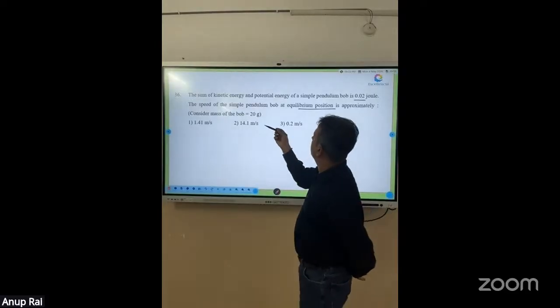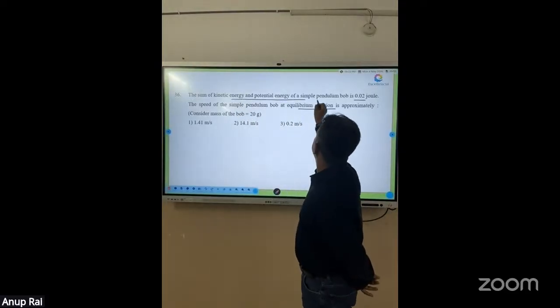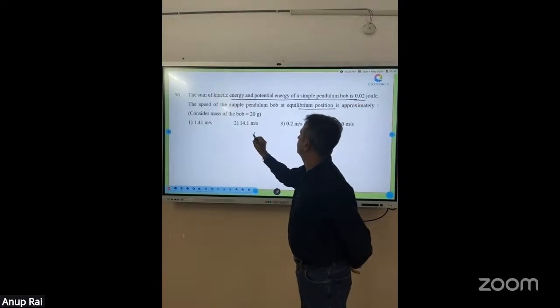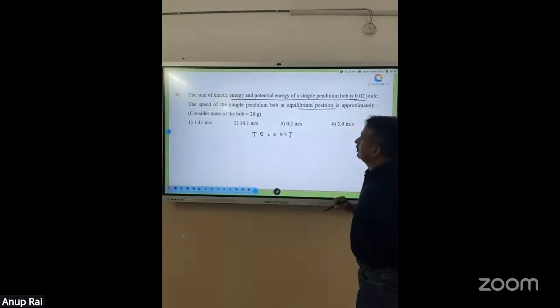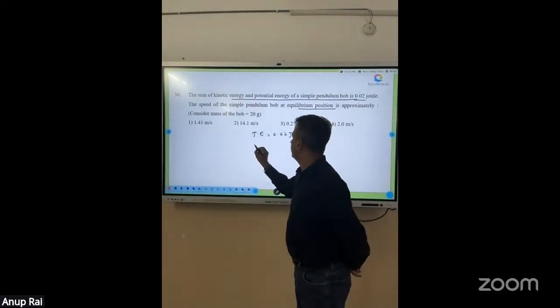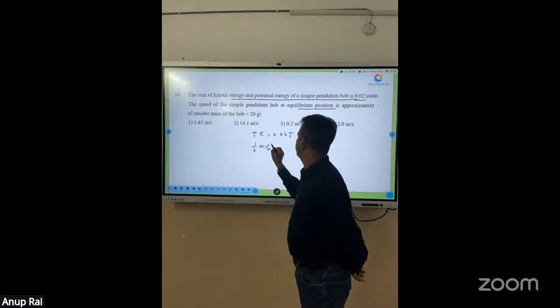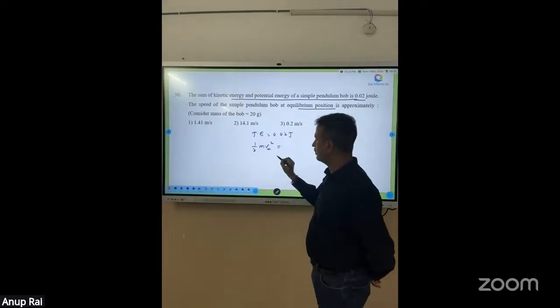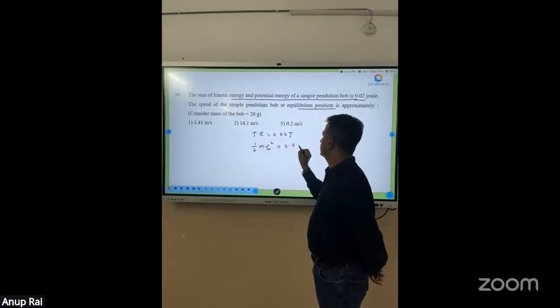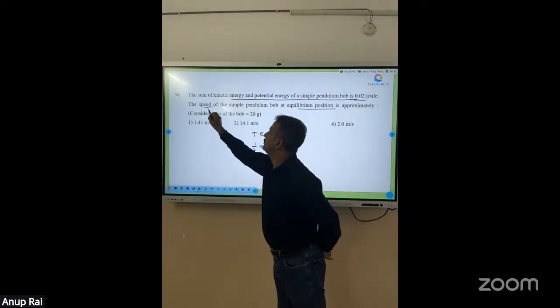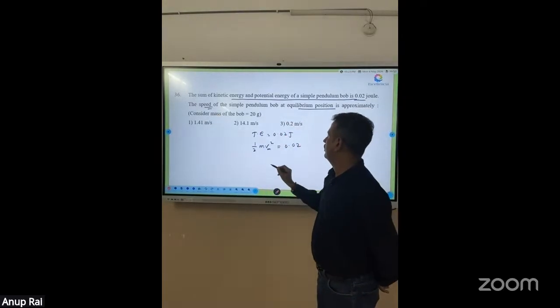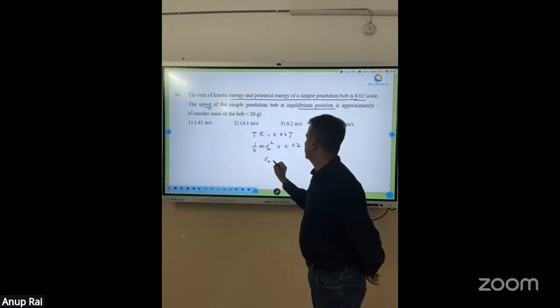So here, the total energy is given as 0.020, and this must be equal to the maximum kinetic energy, where Vm is the maximum speed. So we need to get this speed of the pendulum, the Vm value. We can calculate it.